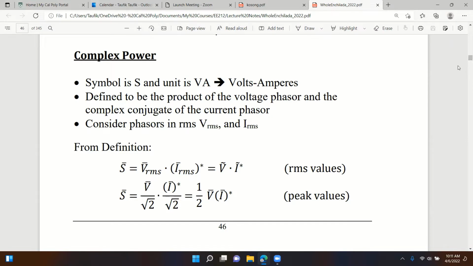Okay, so last time we started looking into the fourth type of AC power. It's called complex power, right?